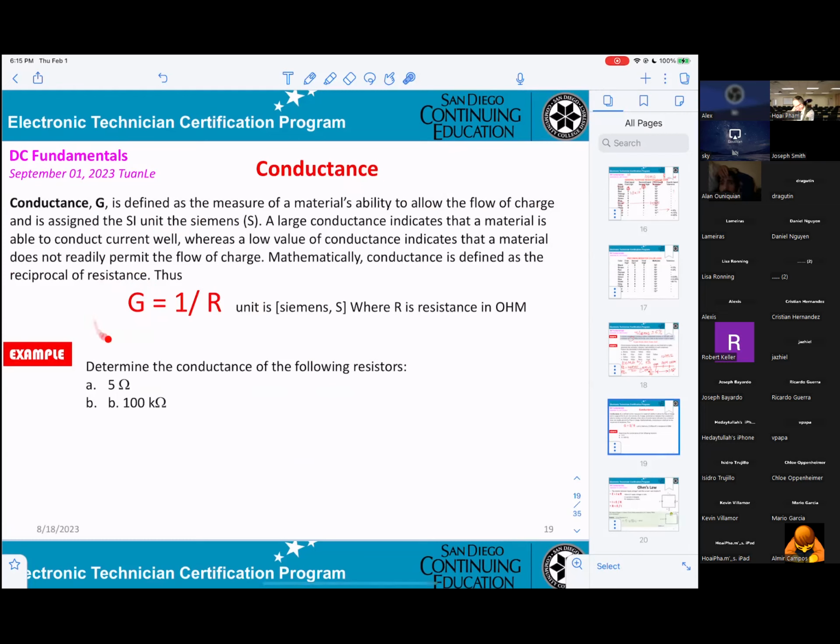G equals 1 over R, and the unit is siemens. If they say, I want to know the conductance of 5 ohm, G will be equal to 1 divided by 5, and the unit will be siemens.